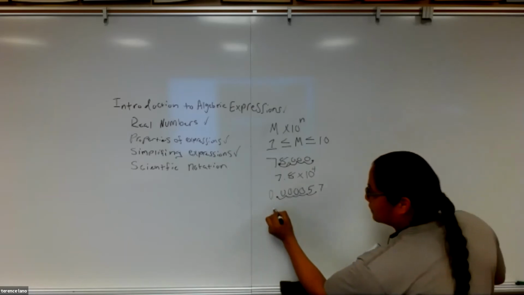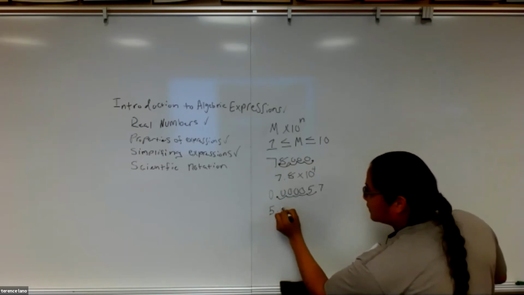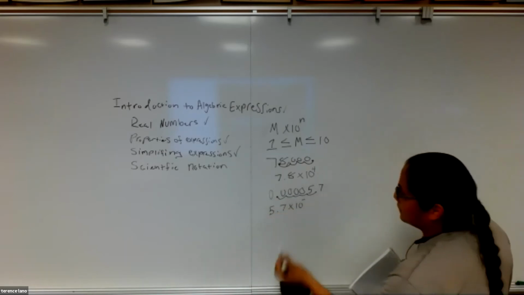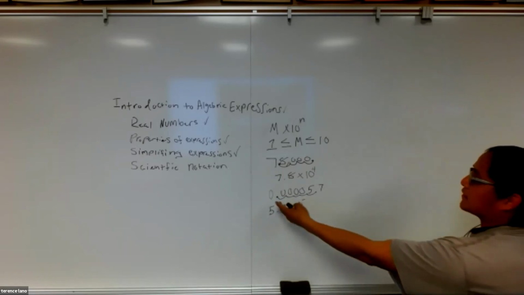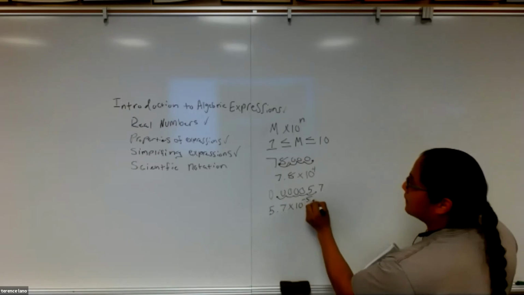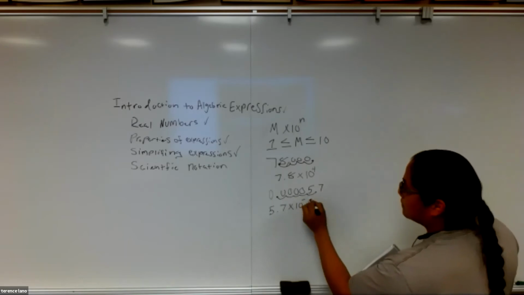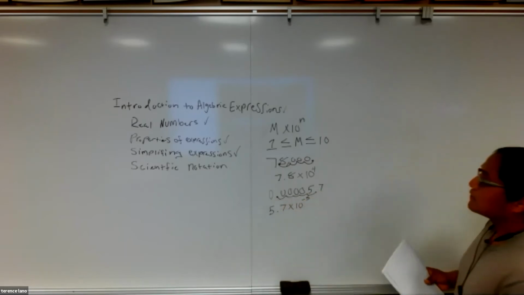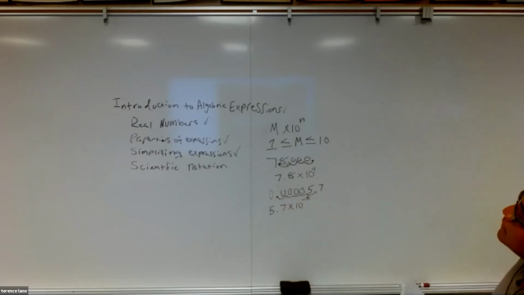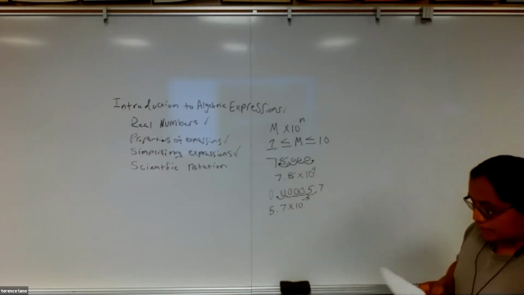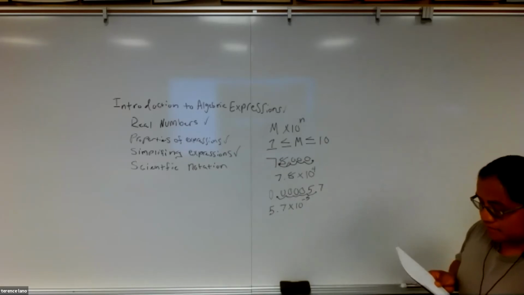And then that will be 5.7 times 10, but it's not going to be a positive. We're moving in the opposite direction, which is going to make this a negative 5. And then that's the other direction of converting to scientific notation.